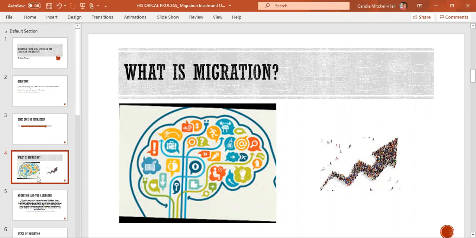So, for example, you can have rural-urban migration where you move from rural areas, rural Jamaica, to urban. Some people move from urban to rural. You have migration within a country or territory. If you are living in maybe Portmore or you live in Kingston and St. Andrew, you will realize that your family is not originally from there.